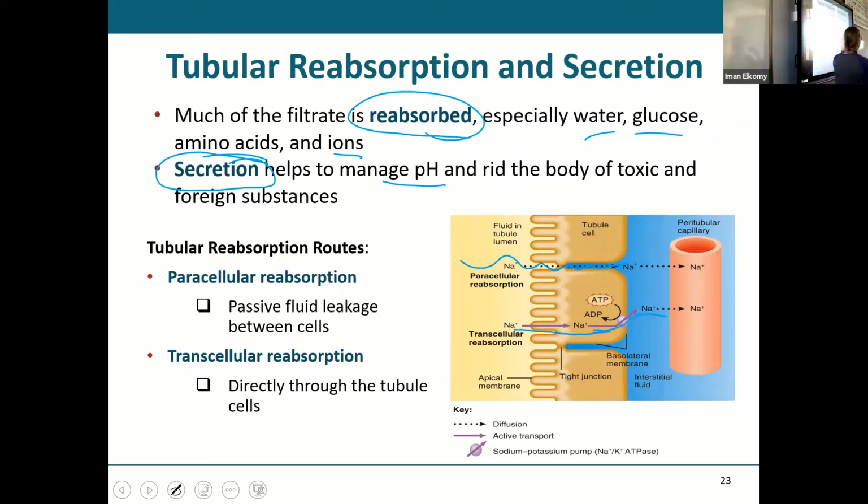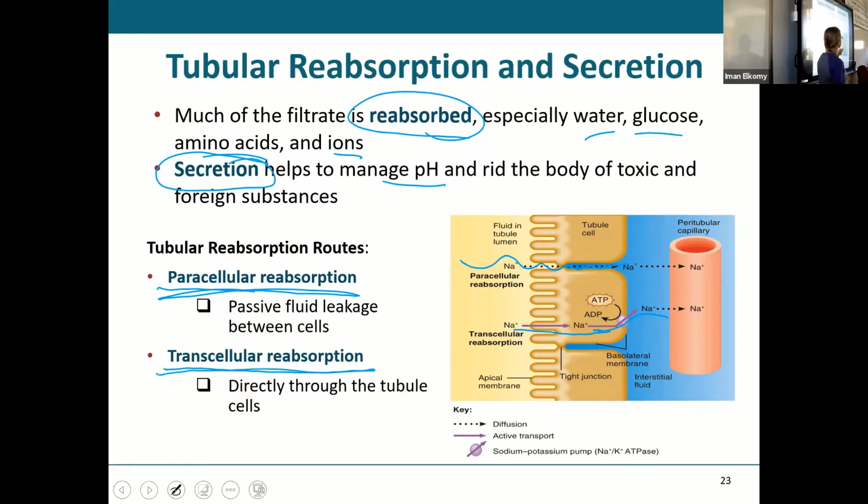So if it's passively leaking in between the cells, that is paracellular reabsorption. So imagine you have two cells of the wall of the tubule, and in between them, there's a little bit of space, and that space allows for leakage of substances out of the tubule, and then that substance can be absorbed into the bloodstream. Or if it's active, it can be transcellular reabsorption.